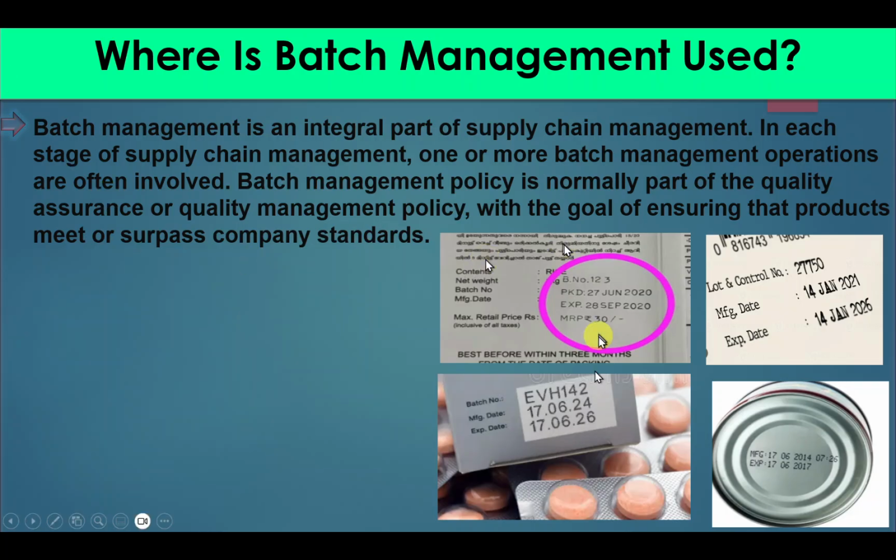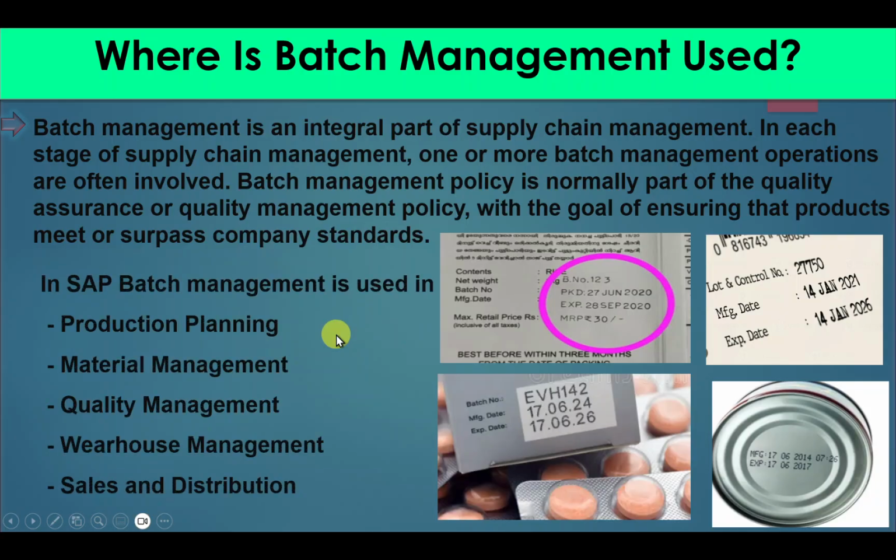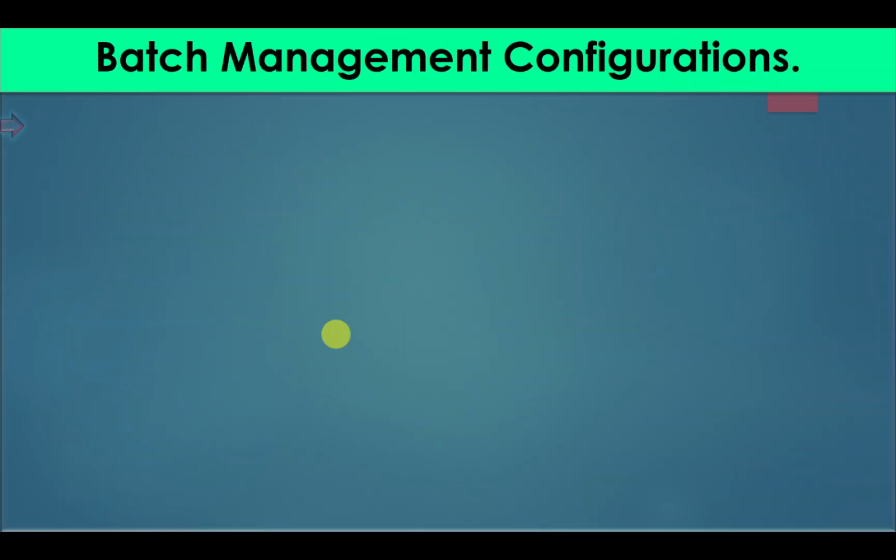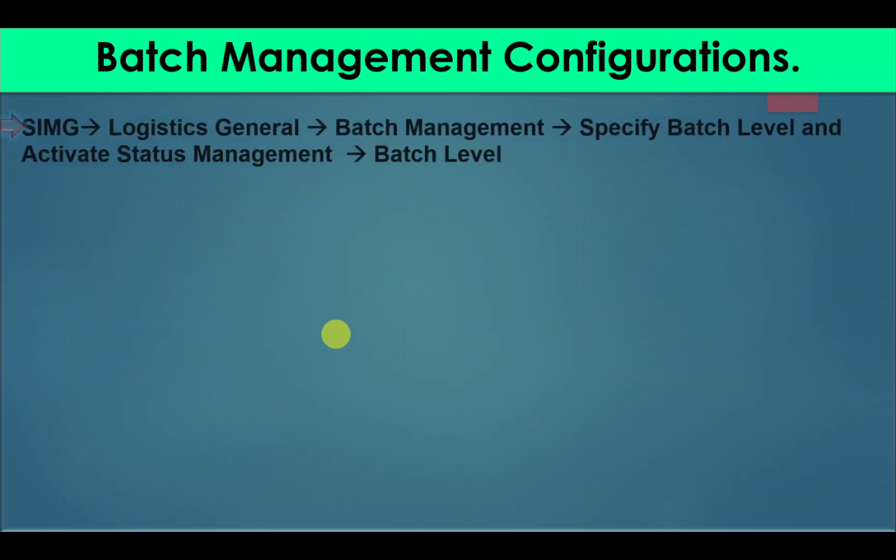So we see this with medications, beverages, food packaging. It has a batch number, manufacturing date, expiry date, or lot or control date, all those details. So these are the areas in SAP where you will see batch management used. We will see further detail on the configuration in batch management.